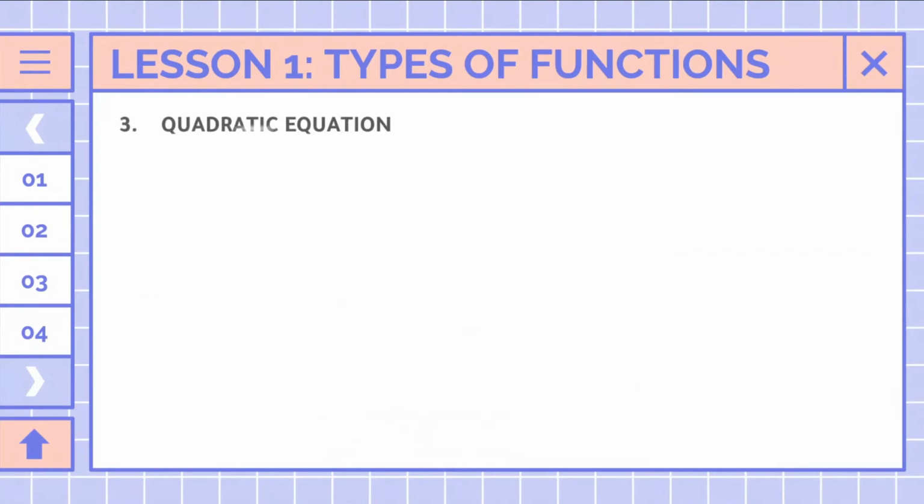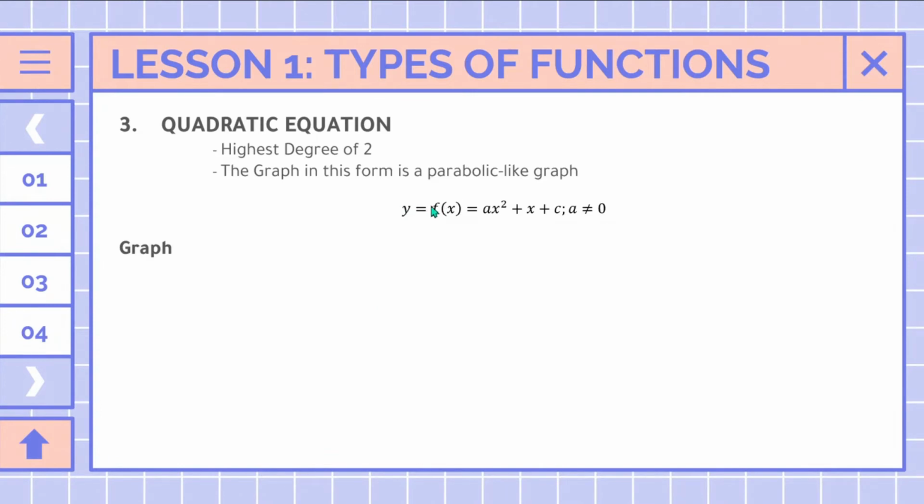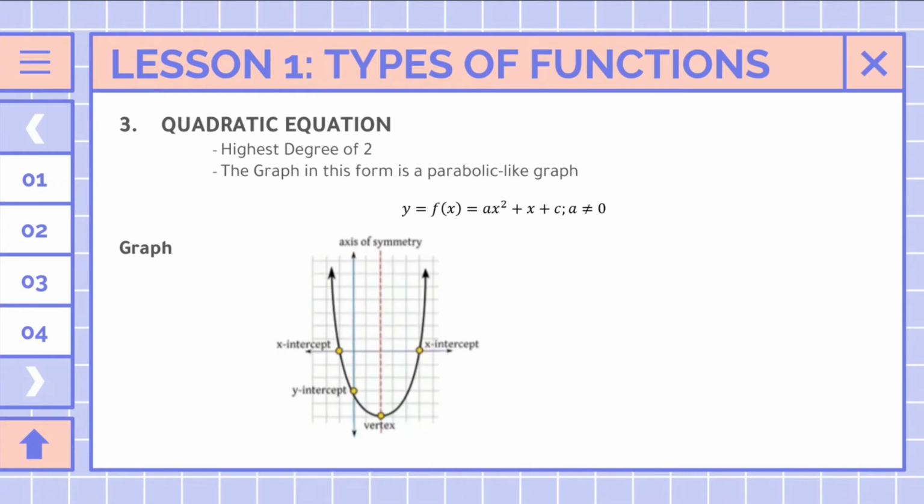Next is quadratic function. So, y or f of x is equal to ax squared plus bx plus c, wherein a or yung constant is not equal to 0. So, for the graph of the quadratic function, mapapansin nyo, ito siya, highest degree of 2.